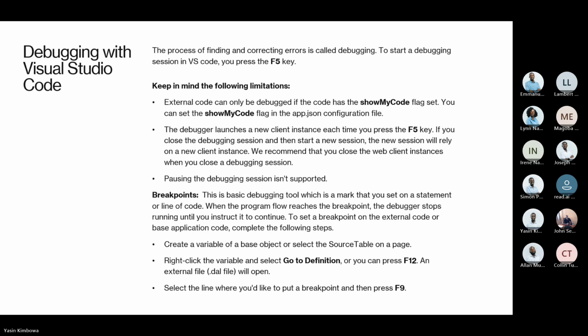Then you right click and move to the base. These .dal files are the base extension, the base objects. So you go there, select the line where you want to put the breakpoint, and you can add it there.